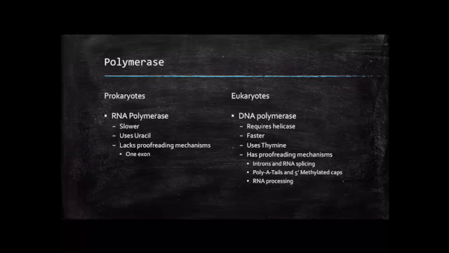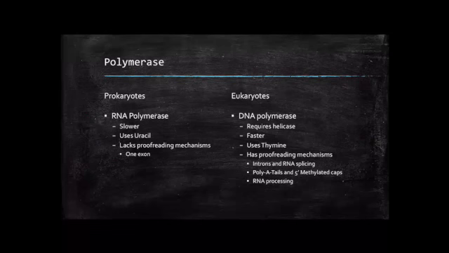Secondly, RNA polymerase is a lot slower than DNA polymerase and needs uracil instead of thymine, like in DNA polymerase. Since this is the case, before RNA polymerase can do its job, all thymines need to be turned into uracils. Lastly, RNA polymerase lacks any proofreading function like in DNA polymerase. This leads to more errors in the process of prokaryotic transcription.